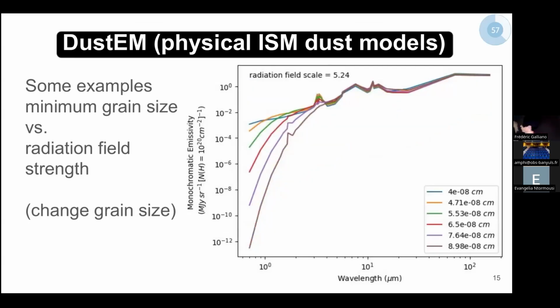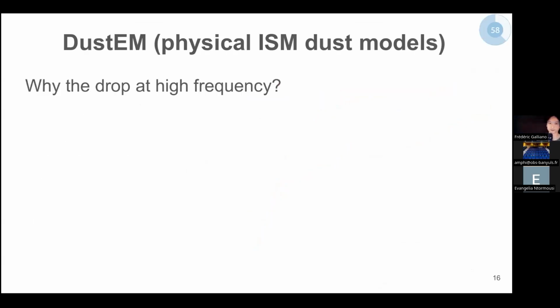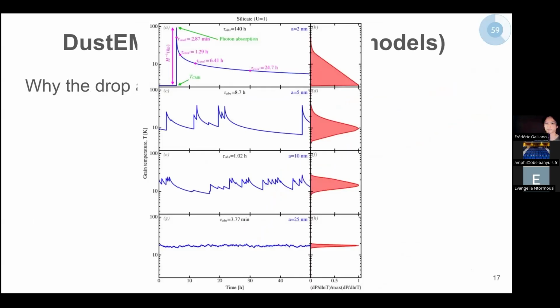And we also changed the grain size by fixing the radiation field. So in this case, larger grains of PAH specifically will lower the ICD at the lower frequency. And the reason for this is that, for example, if you have really small grains, they have a lower probability of getting hit by a photon. So you have time to relax the temperature of the grain toward the CMB temperature.